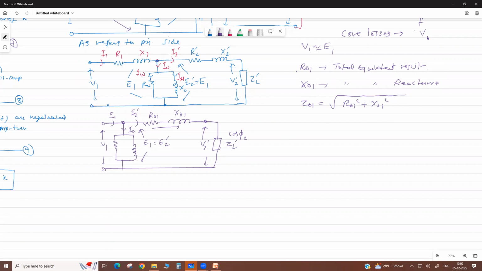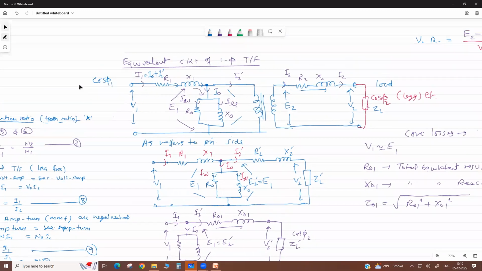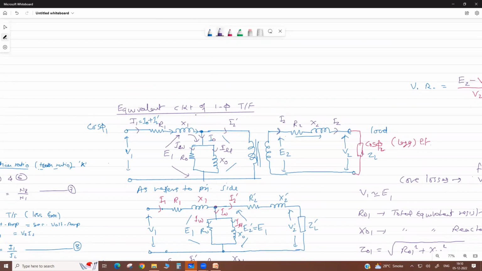Now, how do we calculate this dash? See, we use a certain principle actually. So as you know, if you take a turn ratio, actually in ideal case, as I told, this I0 is very less, we neglect it.